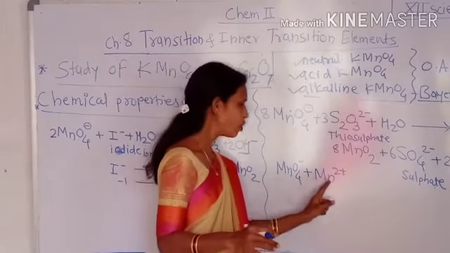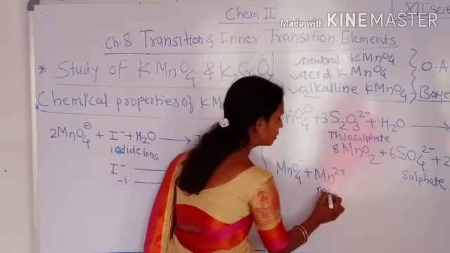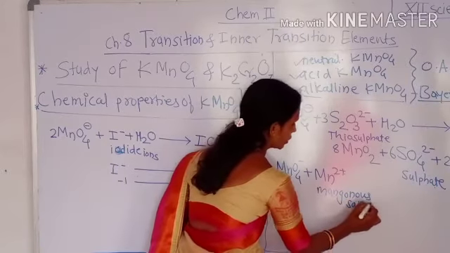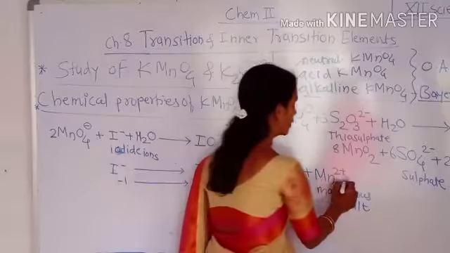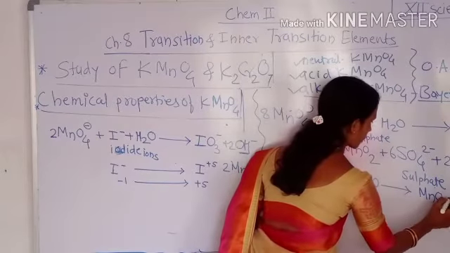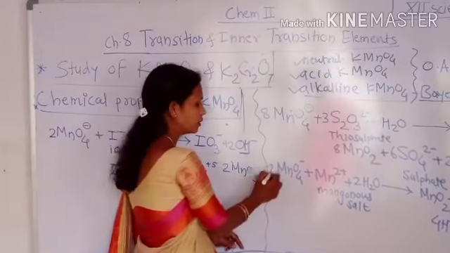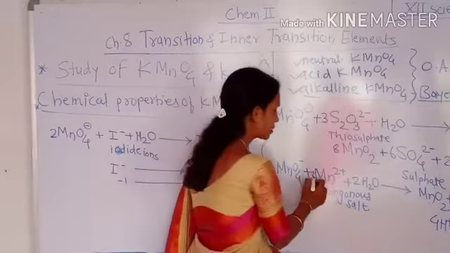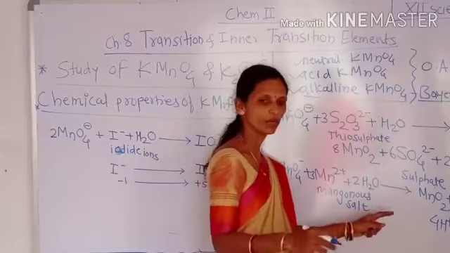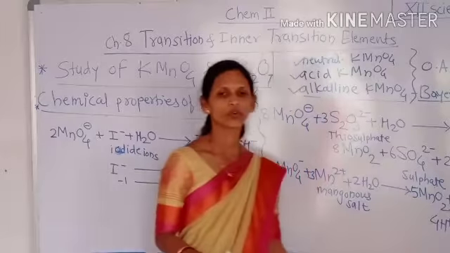Permanganate ion oxidizes the Mn2 plus ion present in manganese salt in neutral medium and converts it into MnO2. Then we have to balance this: 2 MnO4 minus, 3 Mn2 plus and 2 H2O give 5 MnO2 plus 4 H plus ions.